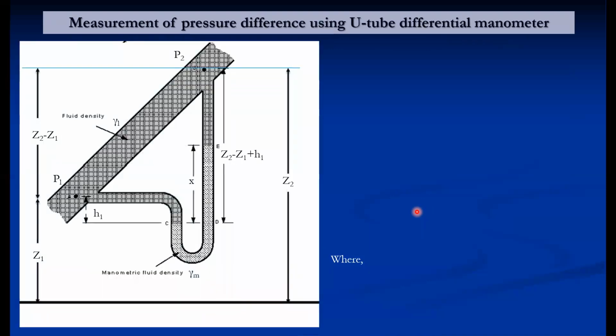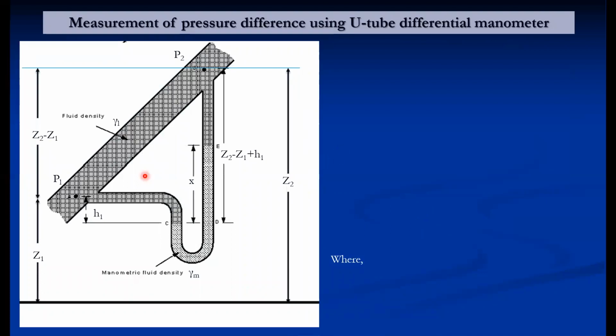Then the most important part, that is measurement of pressure difference using U-tube differential manometer. So second, that is differential manometer. Here the main purpose of differential manometers is to measure the pressure difference between 2 points.